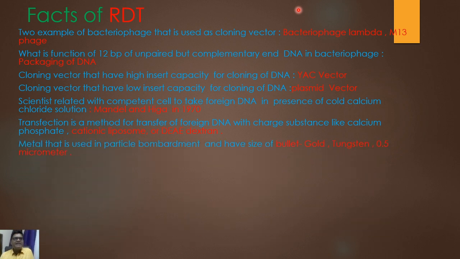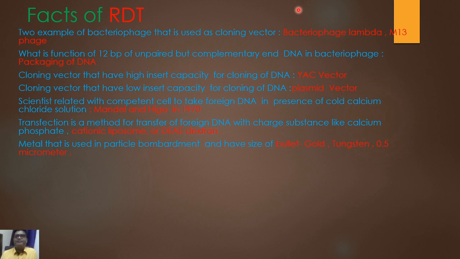Next, the metal that is used for particle bombardment. Particle bombardment means the gene gun method. What are the different metals generally used for particle bombardment? You can say it is gold or tungsten, that have a size of 0.5 or 0.4 micrometer in dimension.